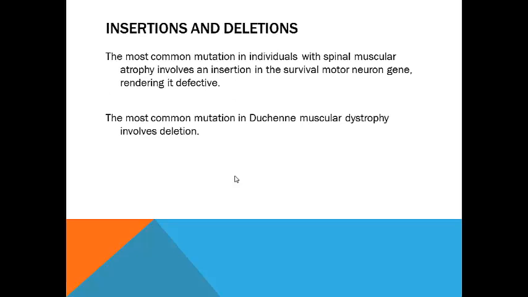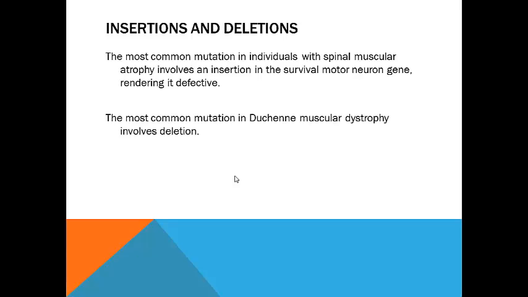Insertions and deletions. These are the most common mutation in individuals with spinal muscular atrophy. It involves an insertion in the survival motor neuron gene, rendering it defective. The most common mutation in Duchenne muscular dystrophy involves deletion.